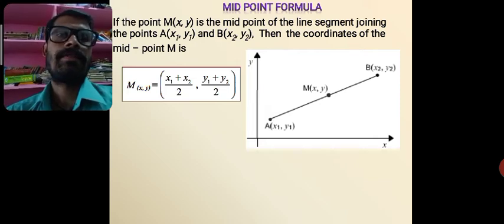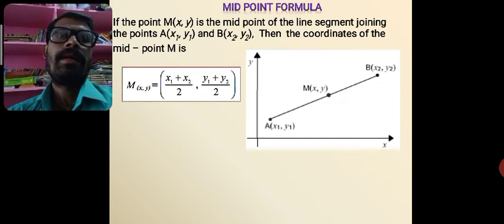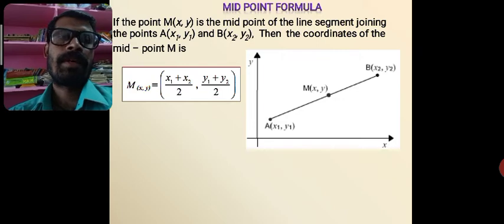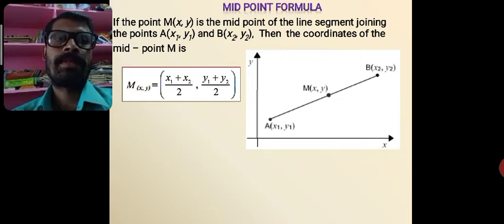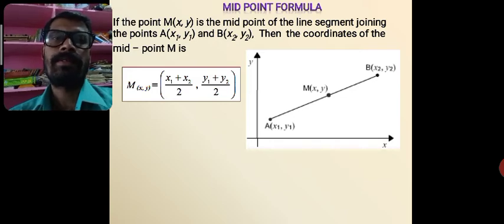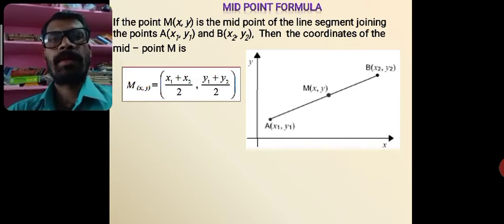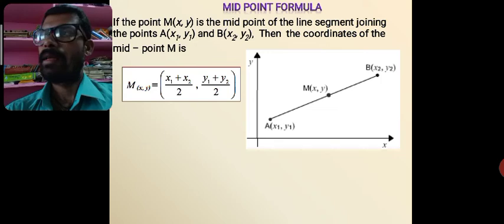That is, if the point M of xy is the midpoint of the line joining the points A of x1 y1 and B of x2 y2, then the coordinates of the midpoint are given by x1 plus x2 by 2 and y1 plus y2 by 2. These two are very important formulae in coordinate geometry.